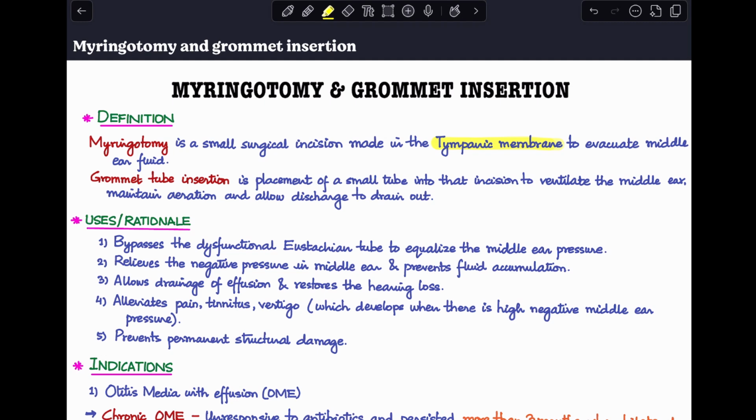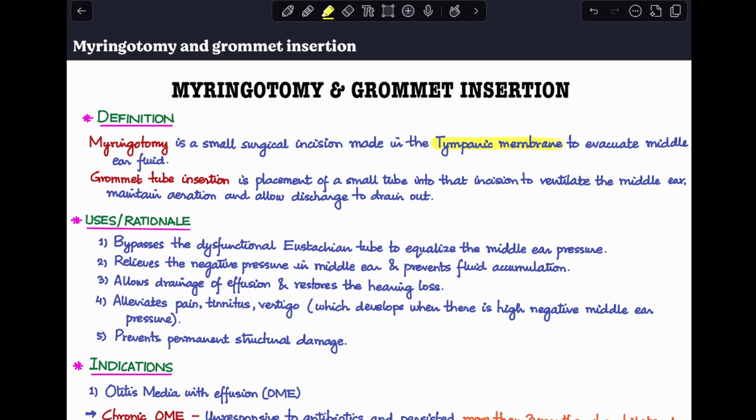And whatever symptoms we see as a result of otitis media with effusion, which can be pain, tinnitus, vertigo, which develop because of the high negative middle ear pressure, those are also alleviated by putting in the Grommet tube. And lastly, it is preventing any permanent structural damage to the ear.